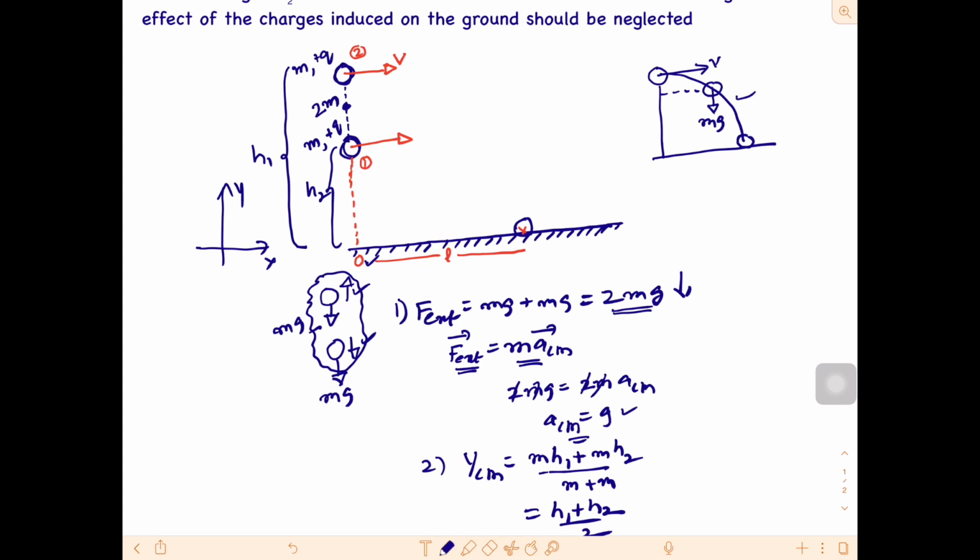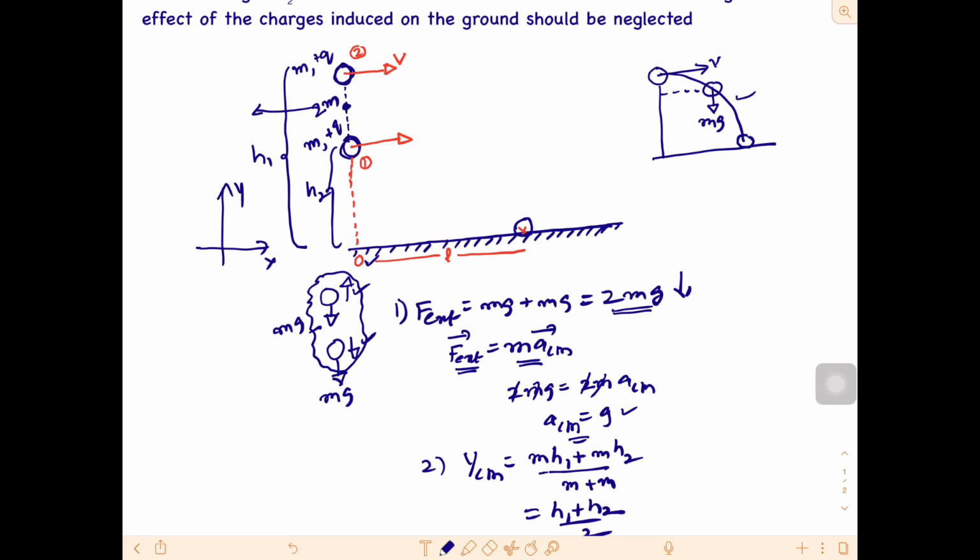So center of mass is a point which behaves as if the total mass were there at that point. So the 2m is in the middle of these two particles, that is at a height of (h1 plus h2) by 2.